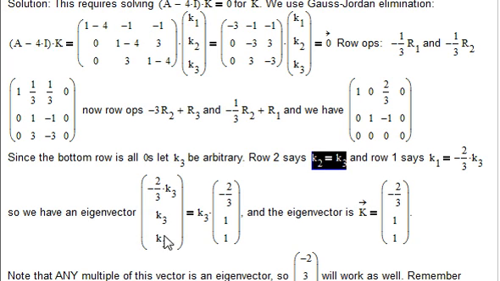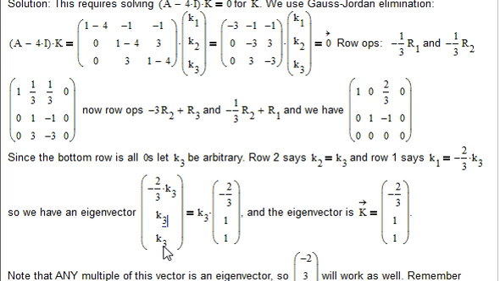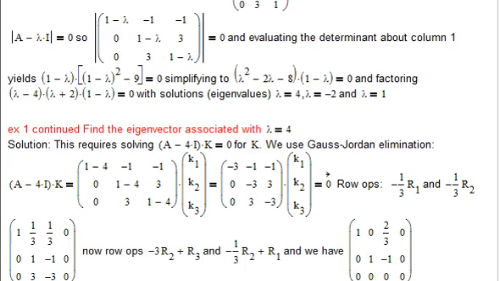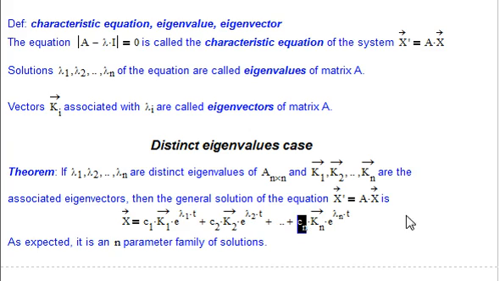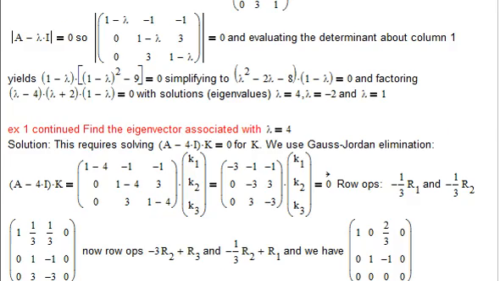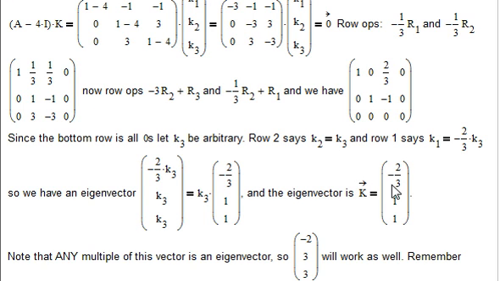And so we have an eigenvector, negative 2/3 k3, k3, k3, and if we factor out the k3, because that's just going to be a constant anyway, that would be absorbed by the c in our solution when we eventually write it. So this eigenvector is negative 2/3, 1, 1.